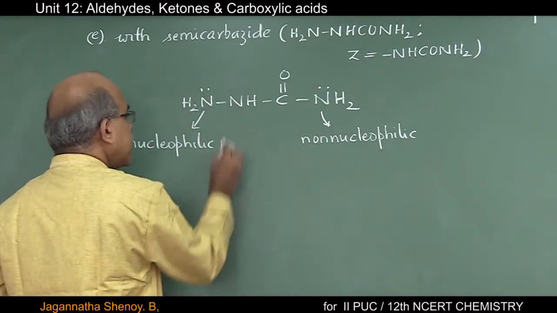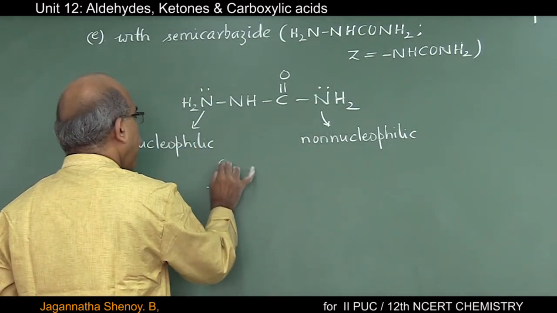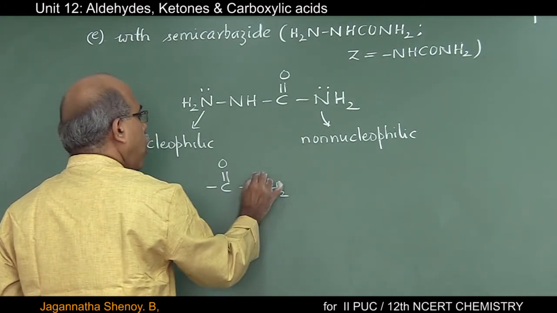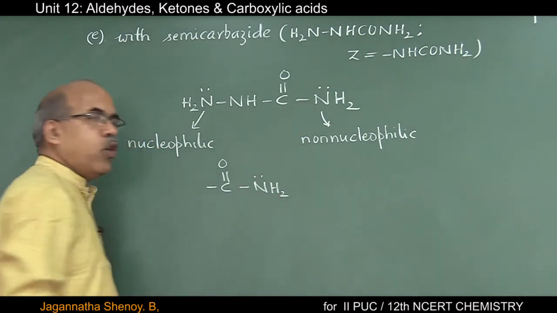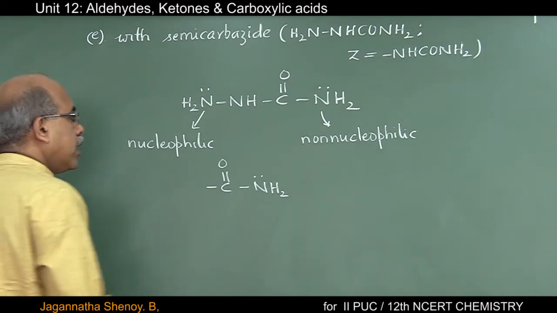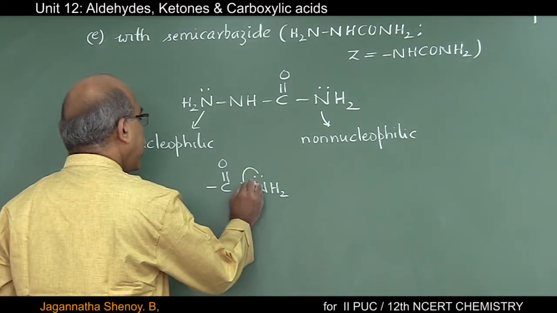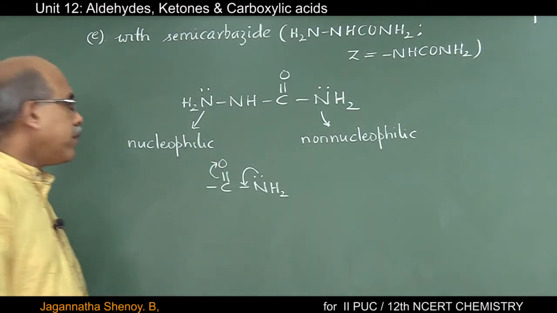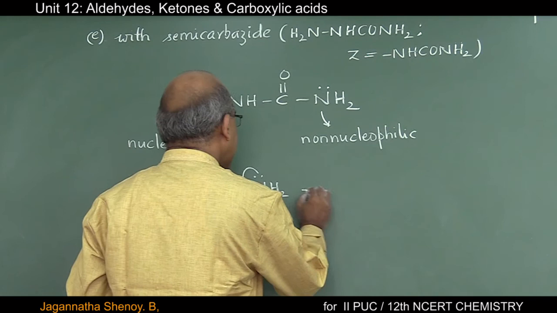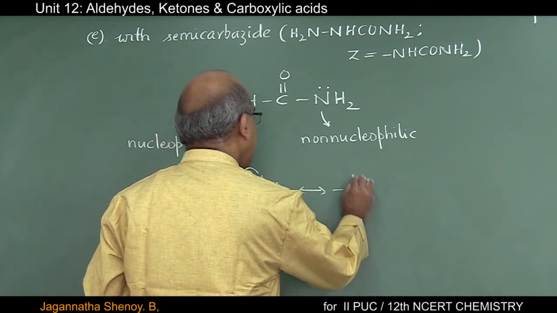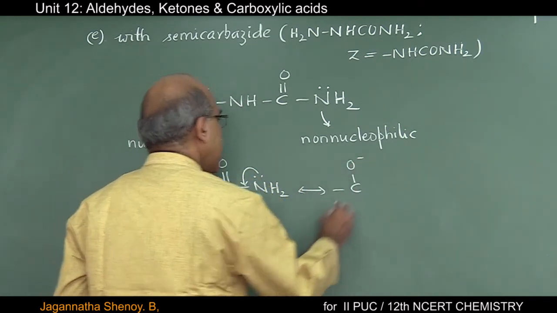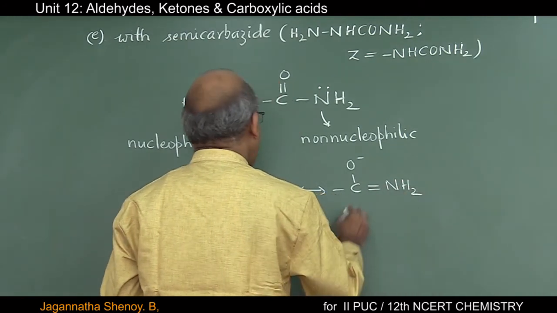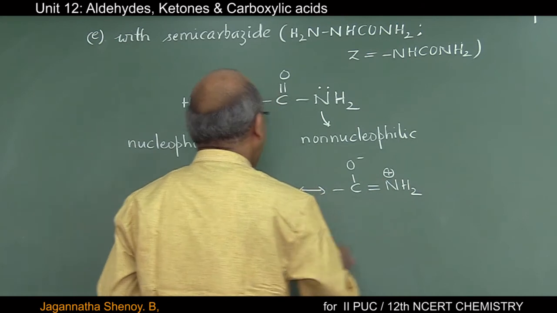Because if you consider the structure over there, you have C double bond O NH2. So on this nitrogen, whatever lone pair of electrons are there, they get involved in a resonance with a carbonyl group. So what we get here is a single bond C-O minus. Here you will have a double bond NH2, and on nitrogen you will have a positive charge.